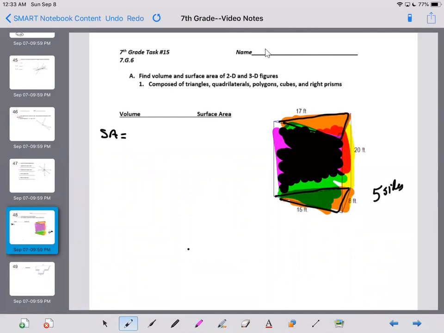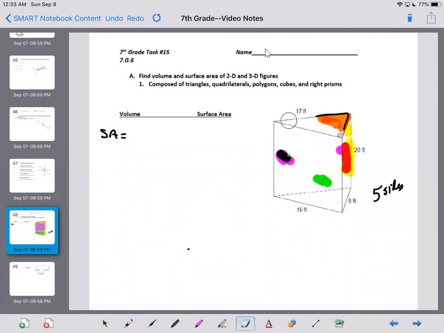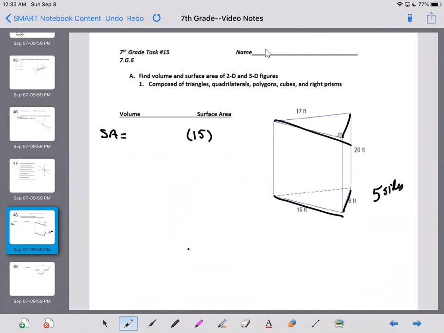So let's look at the triangle. Okay, so we know this is 8, so we know this is 8. And if we know this is 15, we know this is 15. So what we can do is take 15 times 8, because that's the base times the height, and we want to divide it by 2, but we want 2 of them.